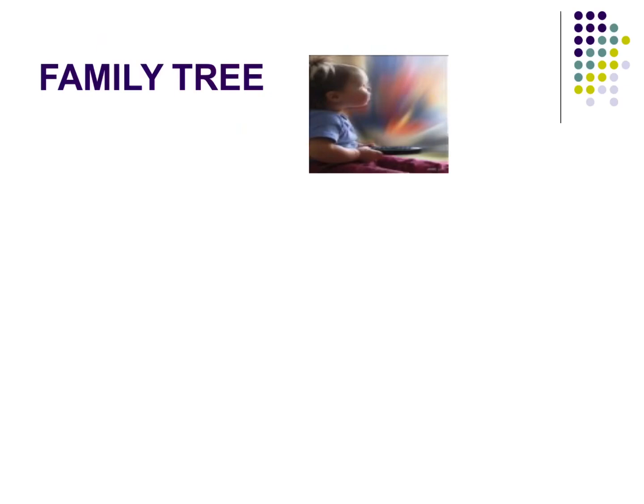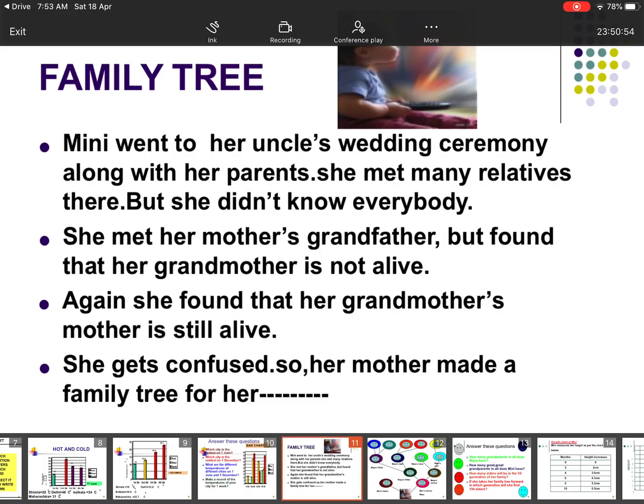She met her mother's grandfather, but found that her grandmother is not alive. Again she found that her grandmother's mother is still alive. She gets confused. So her mother made a family tree for her. Now look at Minnie's family tree.